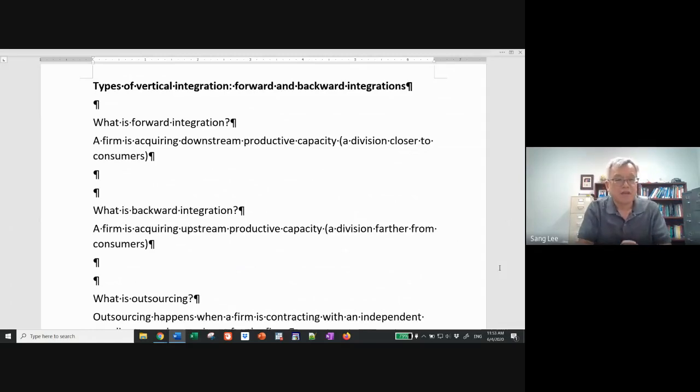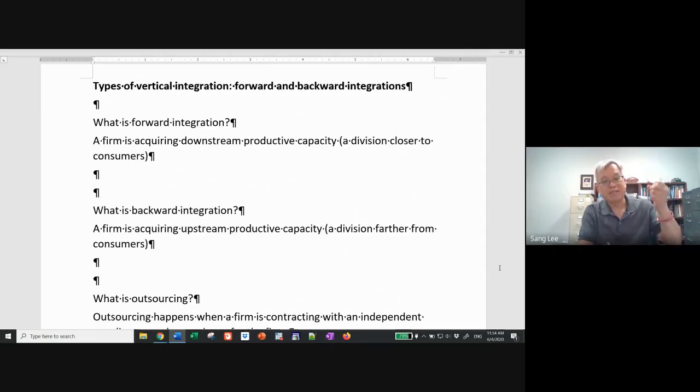So what kind of examples of forward integration can you think of? For example, if Pepsi acquires a bottling company. Let's say Pepsi used to use an independent bottling company.